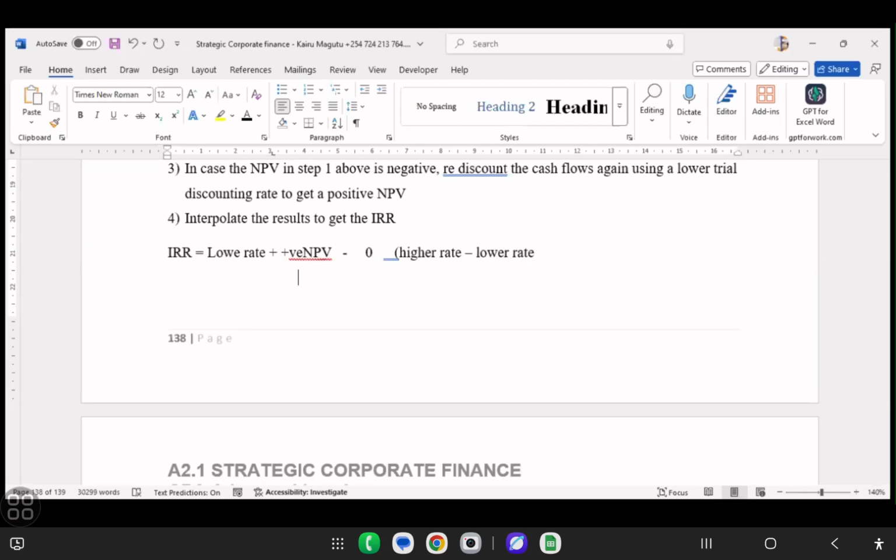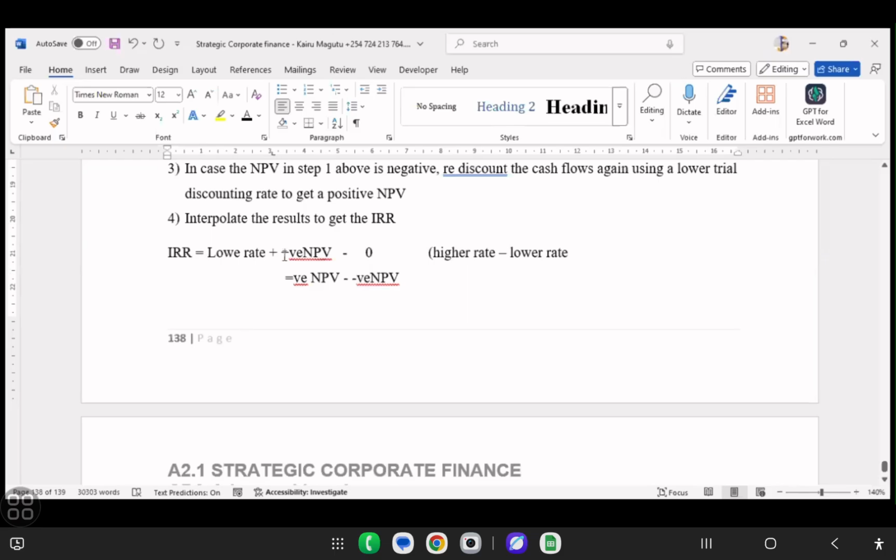Then remember, we have to divide by the positive NPV minus negative NPV.